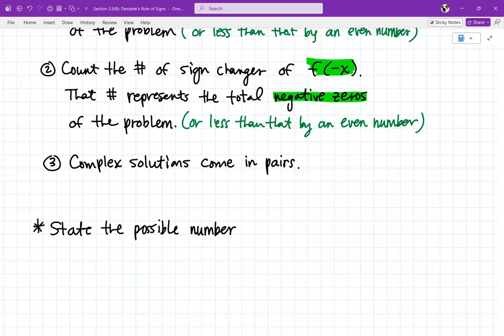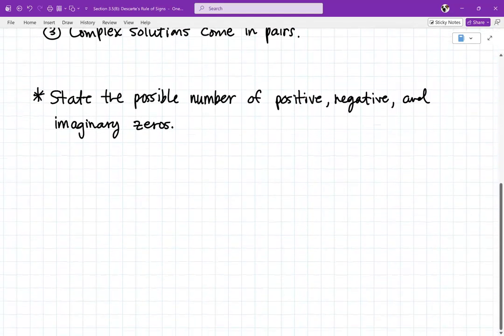State the possible number of positive, negative, and imaginary or complex zeros. Again, this is the directions to numbers 9 through 14. And we'll start with number 9.